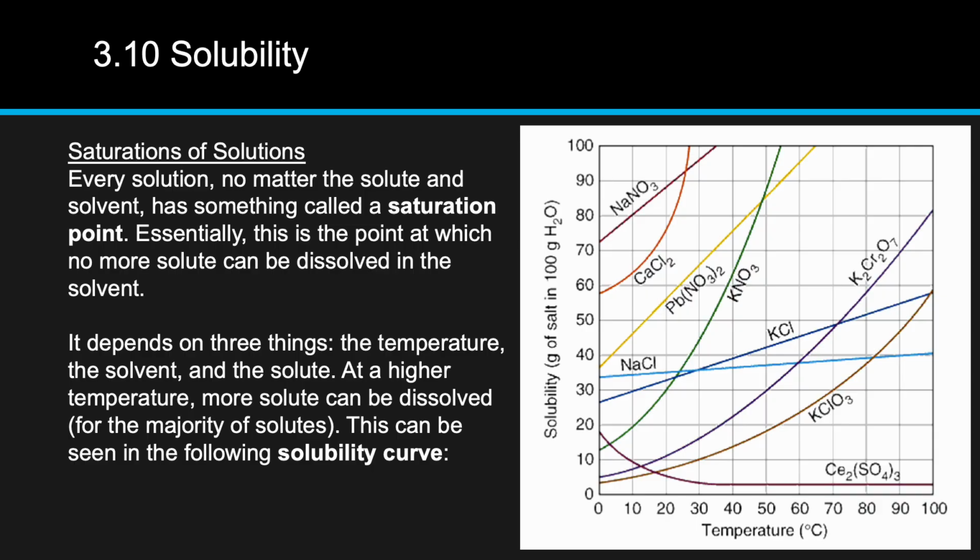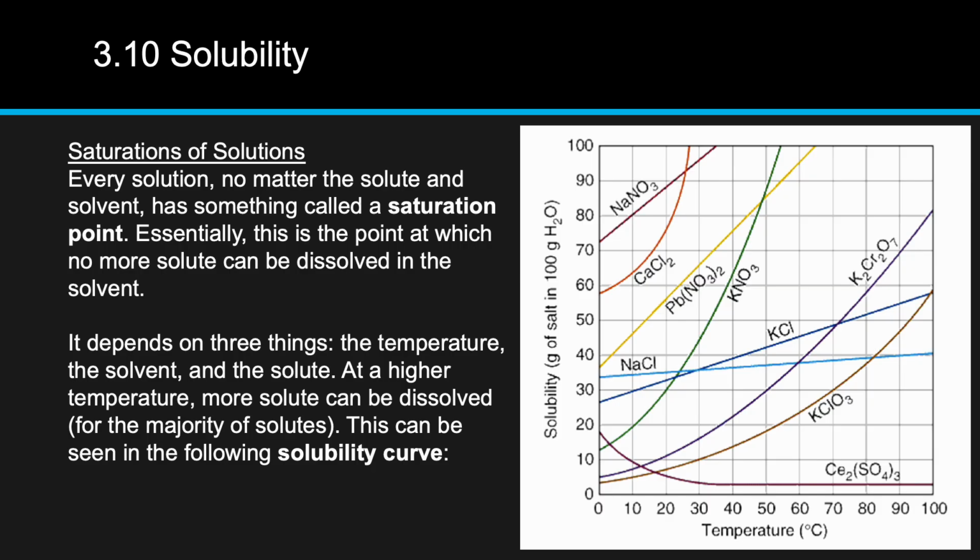Every solution has something called a saturation point, which is the maximum amount of solute that can dissolve in a solvent within a set of given conditions. So once this point is reached, no more solute is going to dissolve unless you change those conditions.